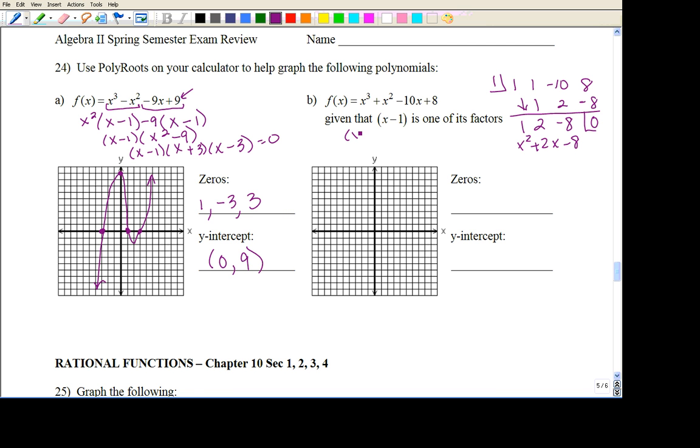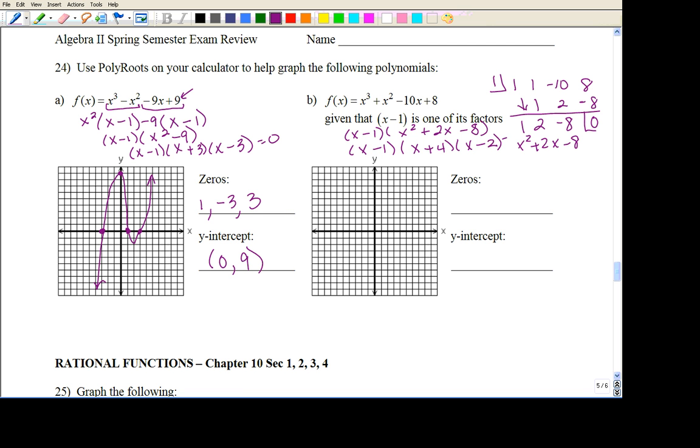I divided out x minus 1, and I was left with x squared plus 2x minus 8. Then you think, does that factor? Is there anything that multiplies to negative 8 but adds to positive 2? Yes, so we have x minus 1 times x plus 4 and x minus 2.